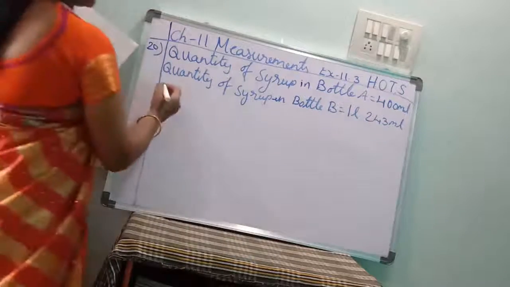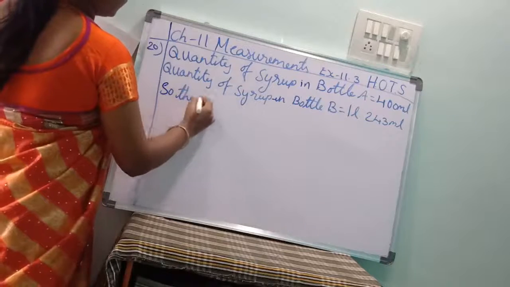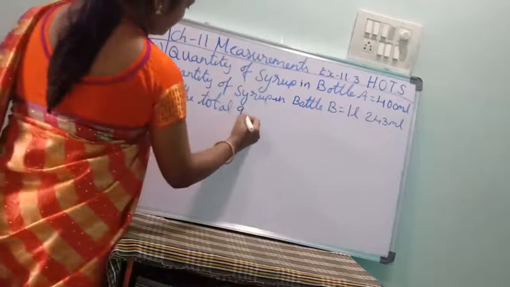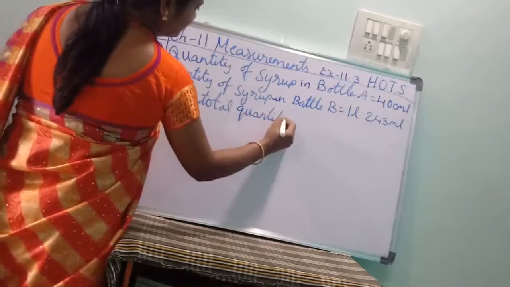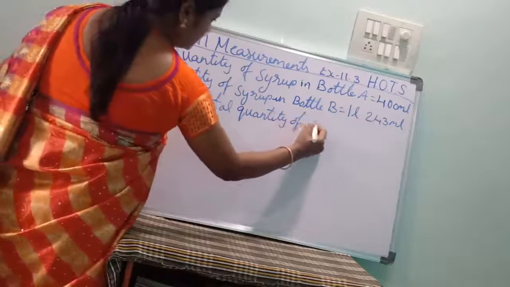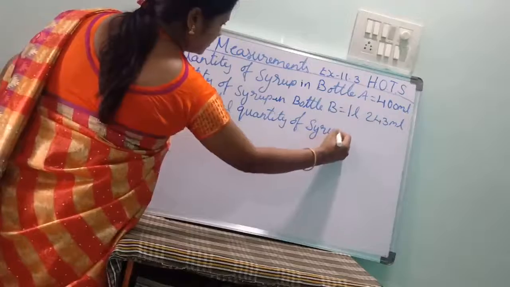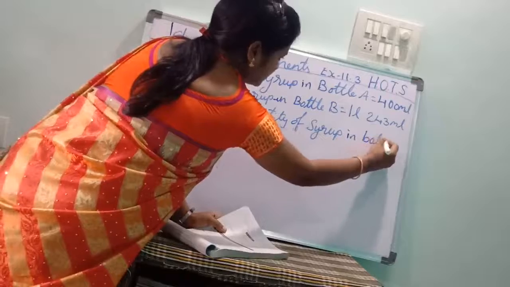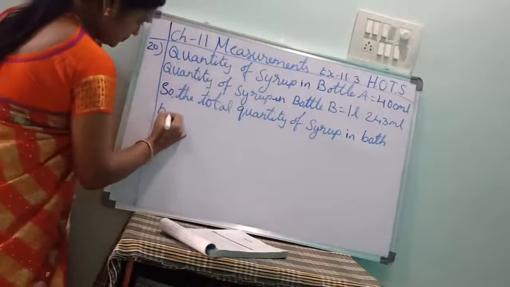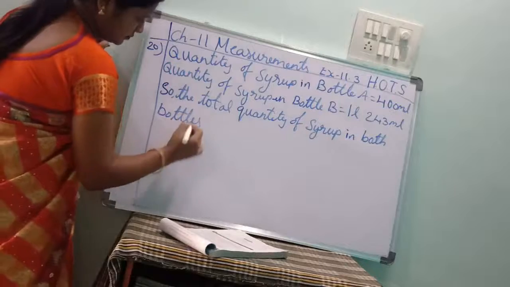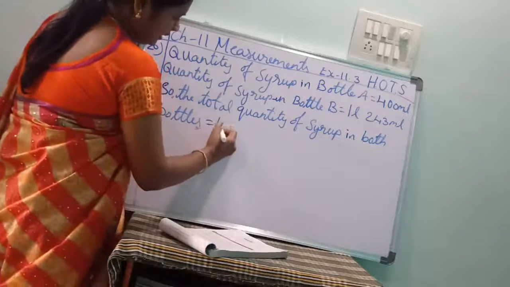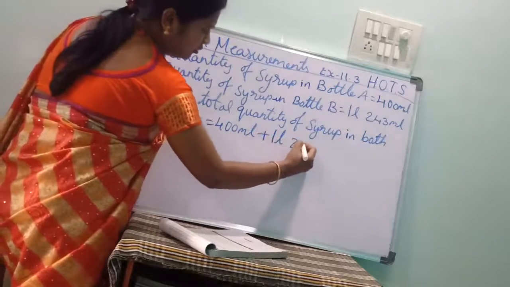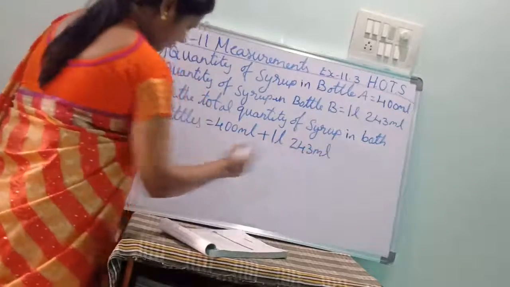So the total quantity of syrup in both bottles, how many? 400 ml plus 1 liter 243 ml. What do you have to do?